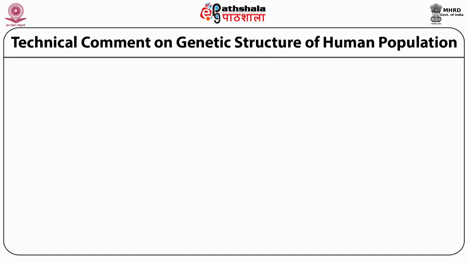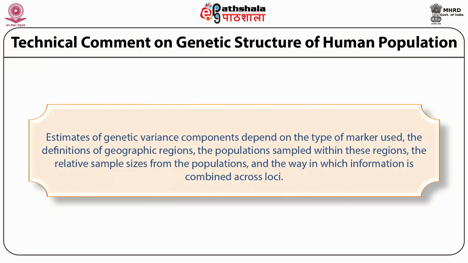Now, let me understand some technical comments on the genetic structure of human populations. Estimates of genetic variance components depend on the type of marker used, the definitions of geographic regions, the populations sampled within these regions, the relative sample size from the populations, and the way in which information is combined across loci.